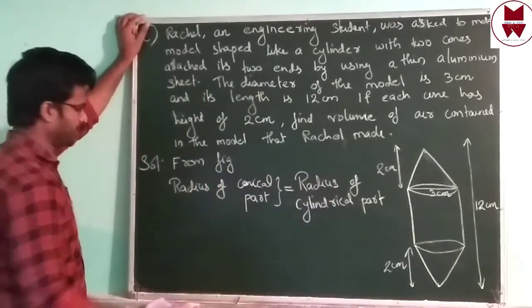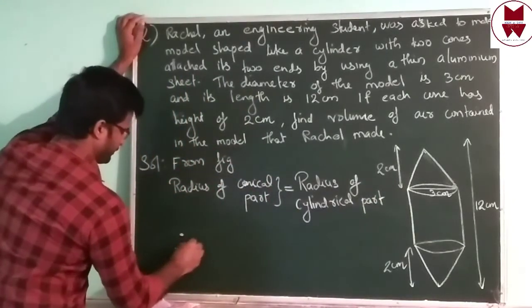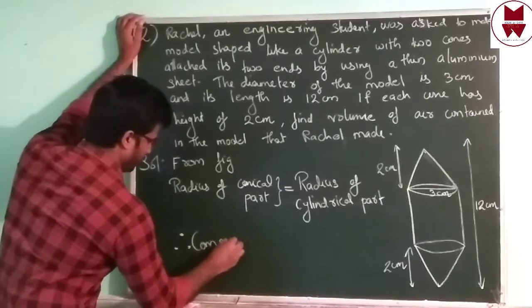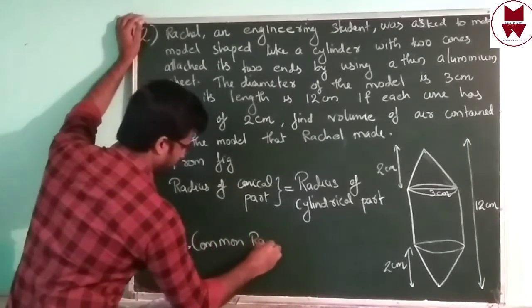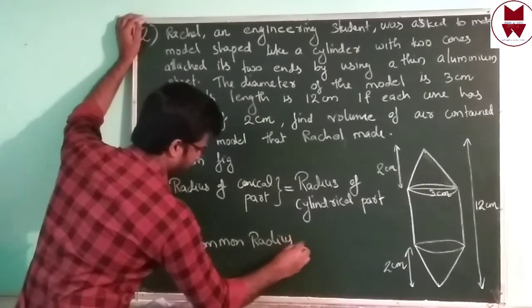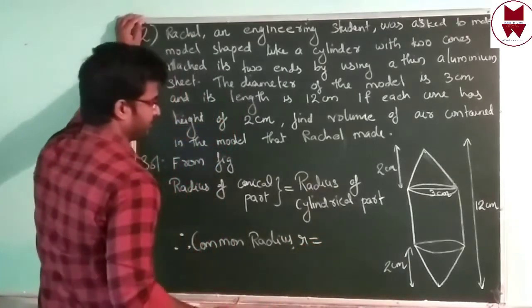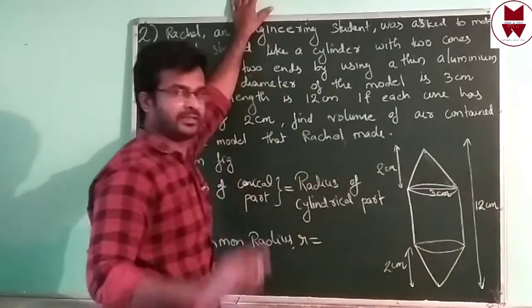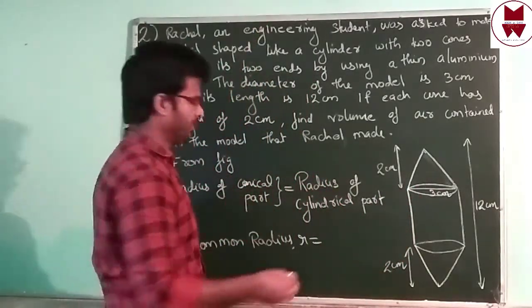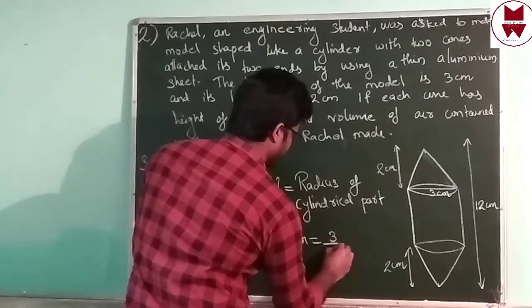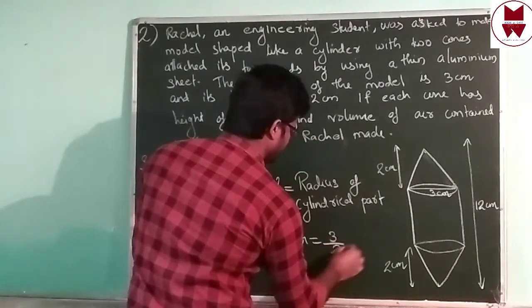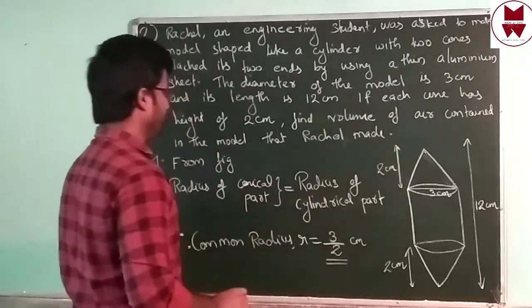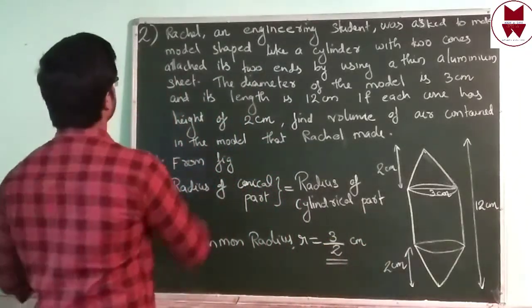Both radii are equal, therefore common radius R equals, in here only the diameter is given, that is 3 centimeter. How can we find the radius? Half of diameter. We can write 3 divided by 2 centimeter. That is the common radius.